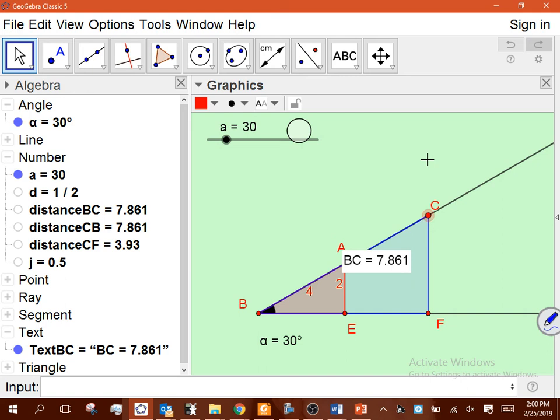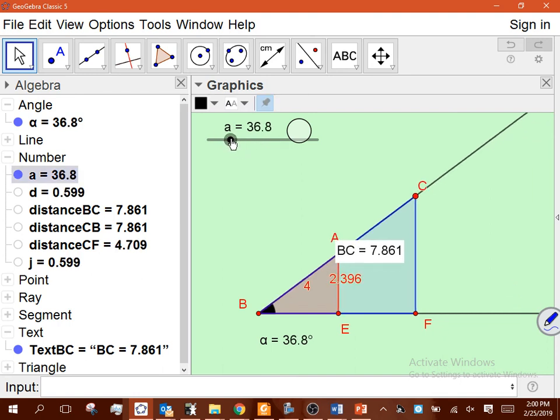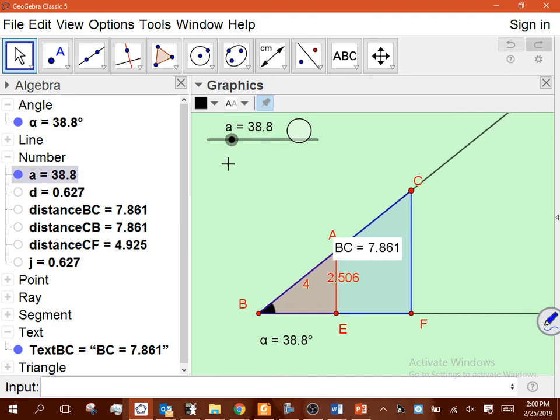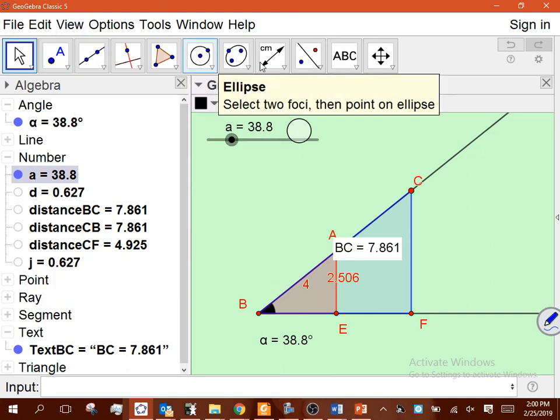Okay, so the ratio that I had, 38.8, is that what we had? Let me get that back up here. Take that number of 7.861 and multiply it by 0.627. That gives you 4.92. Okay, what is that 4.92?